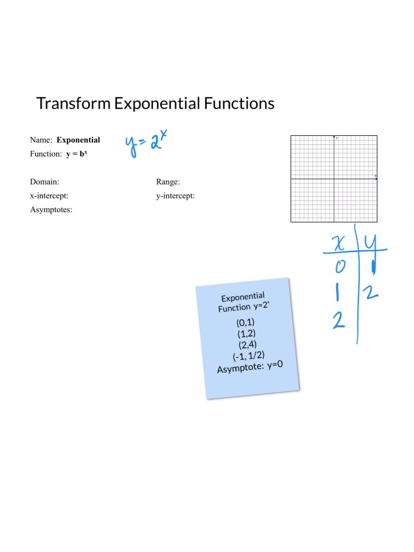If you put a 2 in for x, 2 squared is a 4. And if we go to the negative side of things, if you put in a -1, remember what a negative exponent does? That just means it makes it 1/2. And then if I keep on going, 2 to the -2 would be just 1/4. So those fractions are going to get smaller and smaller and smaller.